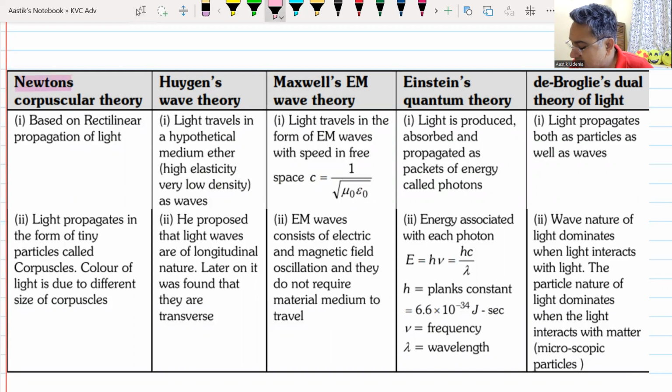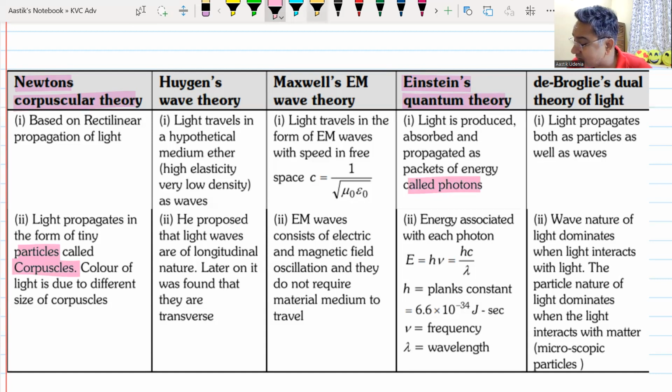Newton's corpuscular theory is similar to Einstein's quantum theory or Planck's quantum theory, where they imagine light to be based on tiny particles. In Einstein's quantum theory or Planck's quantum theory, they call it photon or quanta. Here, Newton called them corpuscles.